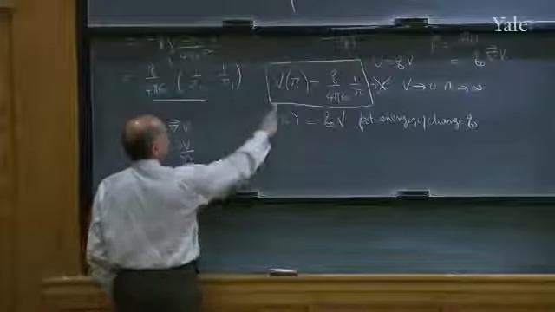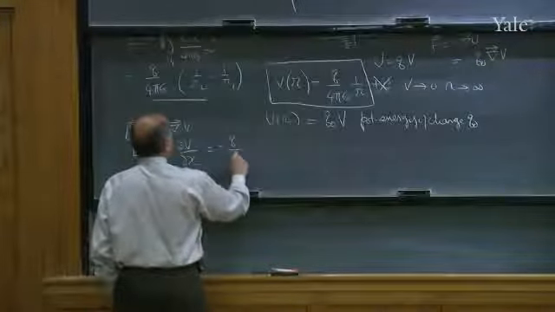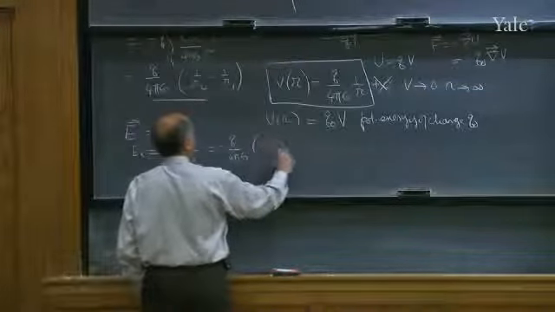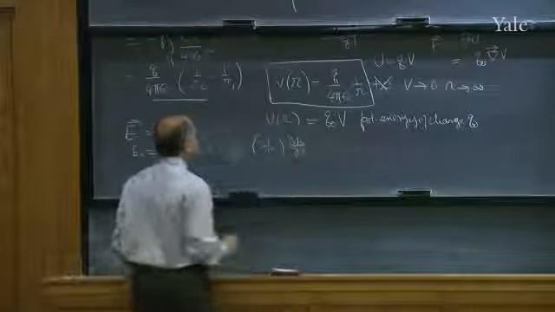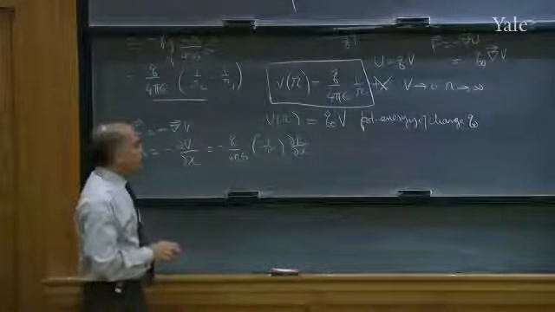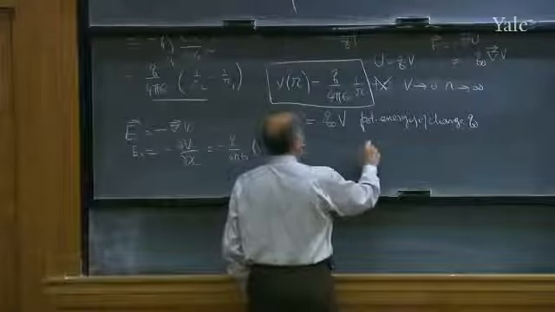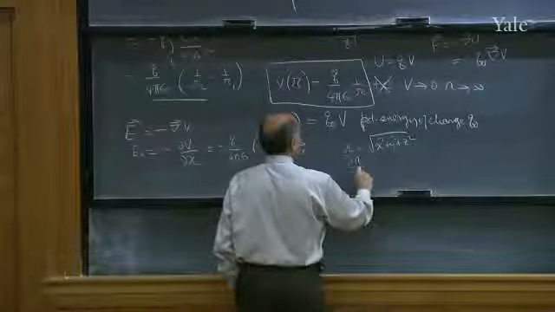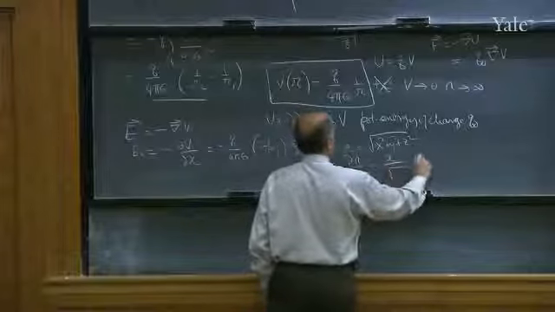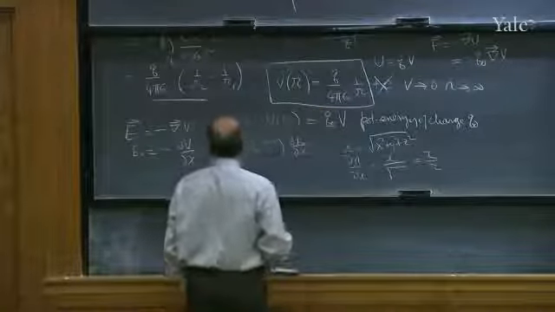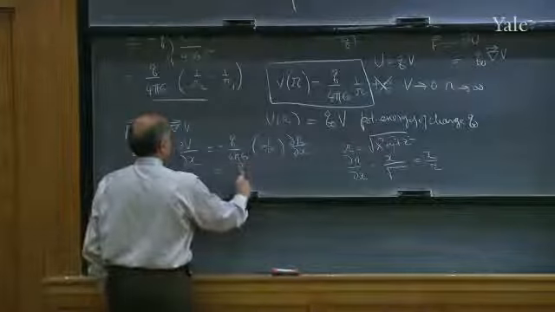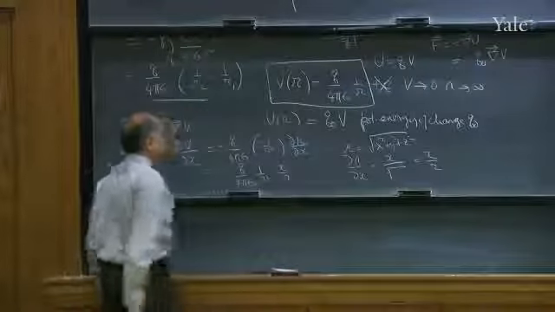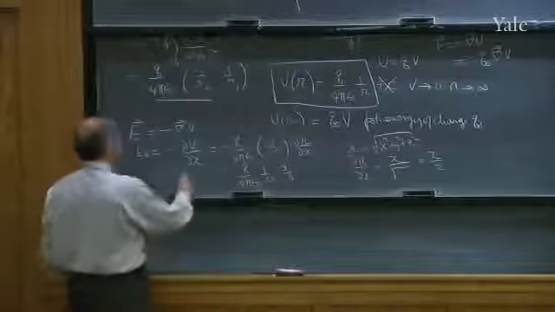Minus dV dx is minus Q over 4 pi epsilon 0. Derivative of 1 over R is minus 1 over R squared times dr dx. What is dr dx? R is the root of x squared plus y squared plus z squared. Dr dx is just x divided by this whole thing, x divided by R. So this becomes Q over 4 pi epsilon 0, 1 over R squared, x divided by R. This is Ex.